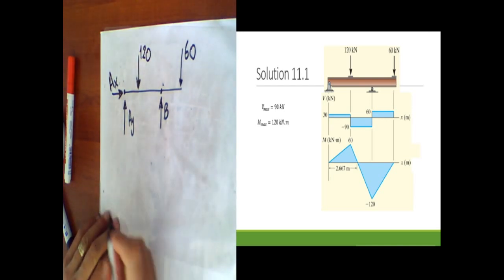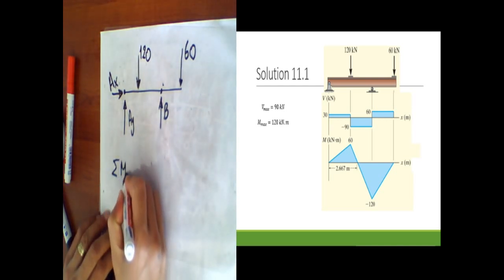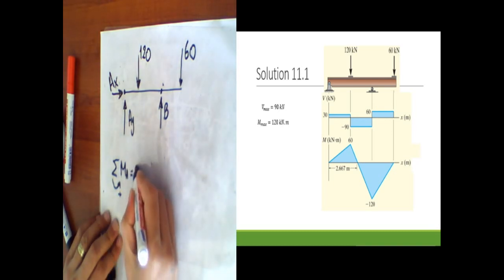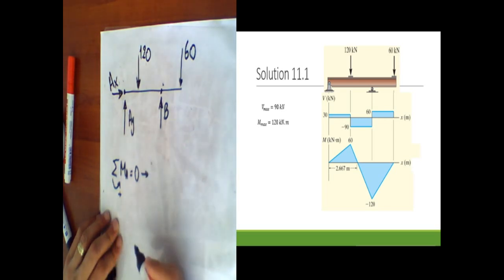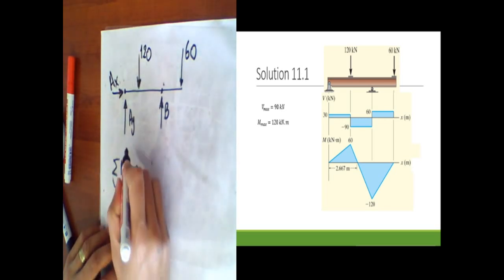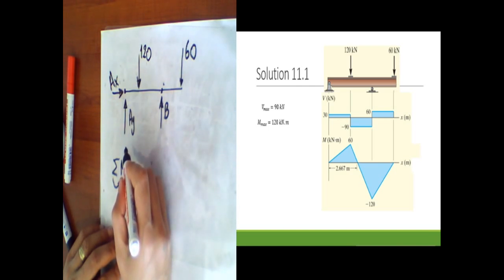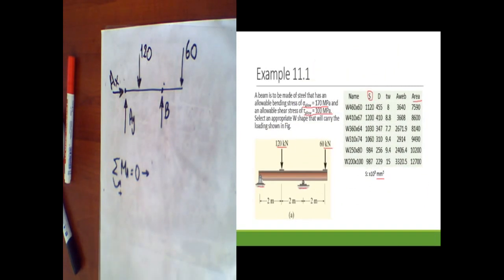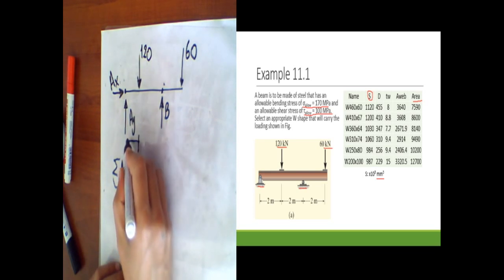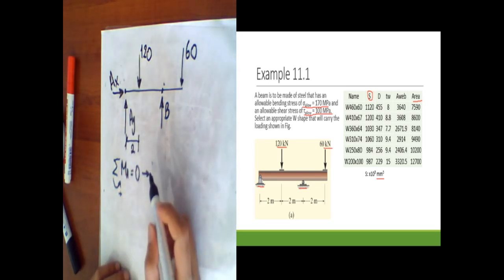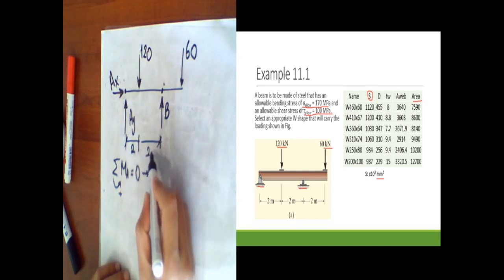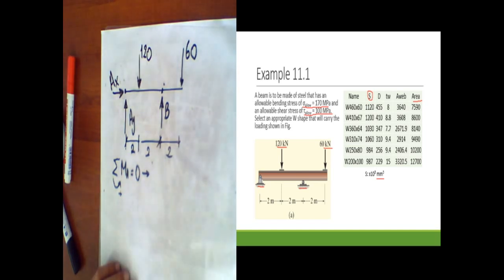Sigma MA equals 0, taking counterclockwise as positive. The distances from the sections I can see on the previous slide, so I want to look at it. Each distance is 2 meters: this is 2, this one is 2, and this one is 2.